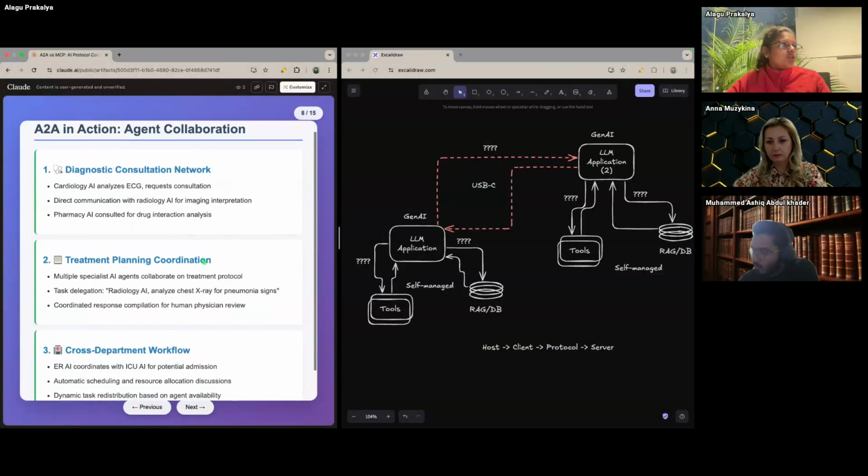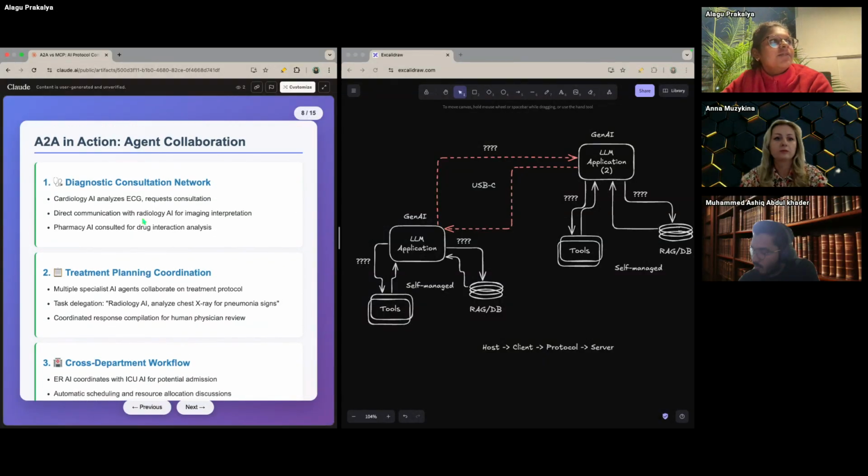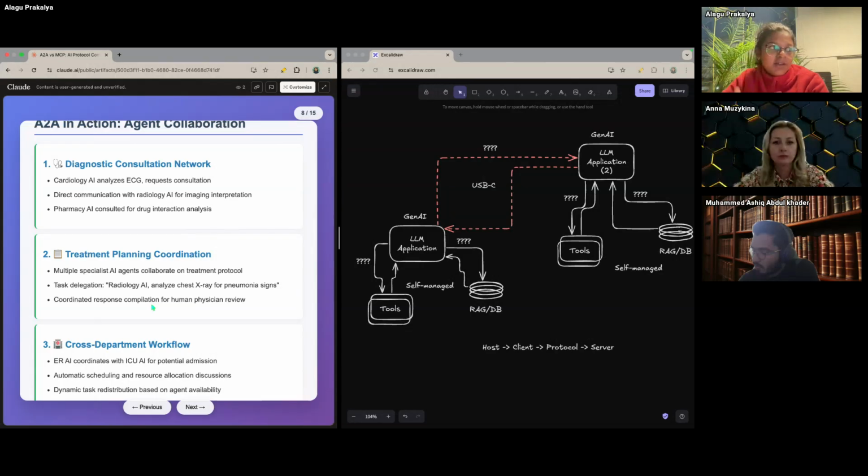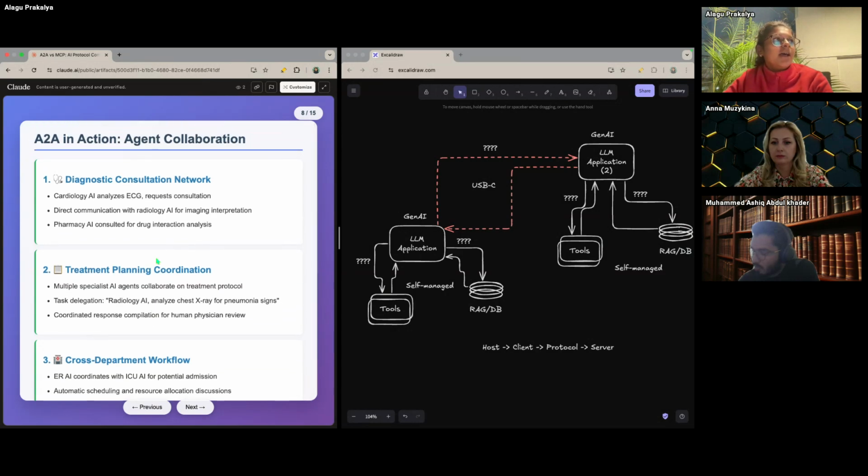In the case of agent to agent, we will have the cross department setup, as we saw, with the pharmaceutical department integrated with the cardiology department, and so on, so that they can have better planning and a better consultation network.